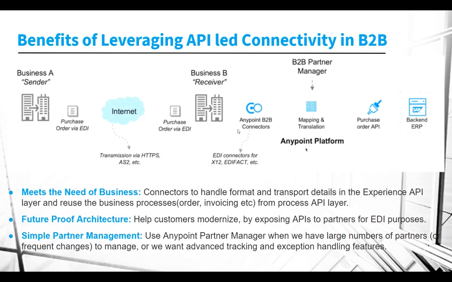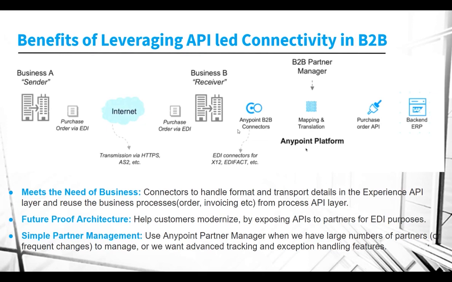This is critical, so I need to factor in that they might use different protocols, different standards, and different security aspects as well. Once enterprise B receives it, it is transformed from that EDI to your JSON schema or JSON standard.